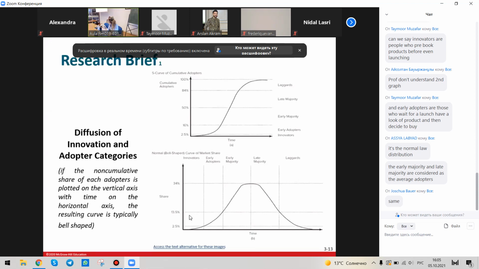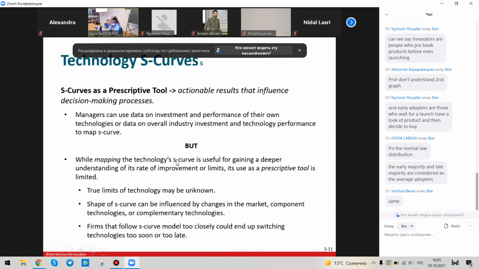Of course, this is not a tool to be used as a prescriptive tool, and this was the content of the previous slide. It can be useful to map the markets, but it's not something on which companies rely to define their strategies, because it is also related to the intrinsic limit of technology.